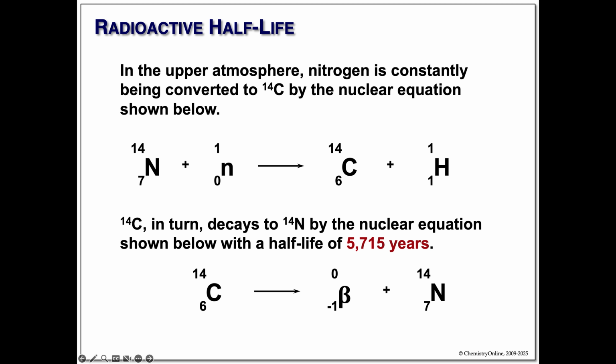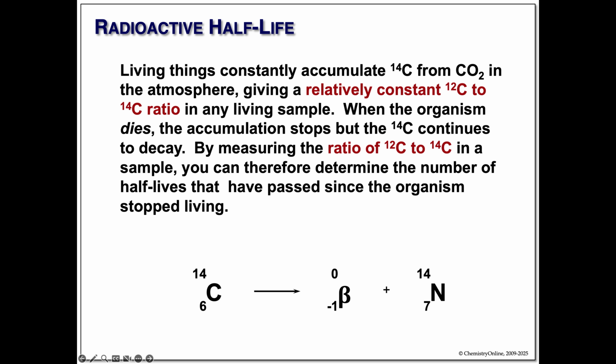So pretend that you're alive, and you're breathing and you're eating and whatever. Our atmosphere contains CO2 that has a certain fraction of carbon-14 in it. So as long as you're alive, eating and breathing, the ratio of C14 to C12 will be constant in your body. But when you die, the accumulation stops, but C14 continues to decay.